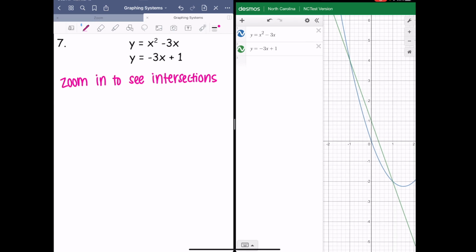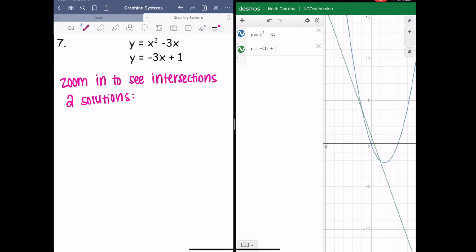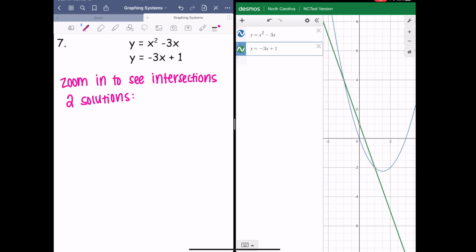Okay, so there are 2 solutions because this green line, that linear function, crosses the quadratic 2 times. It crosses at the point negative 1, 4, and at the point 1, negative 2.